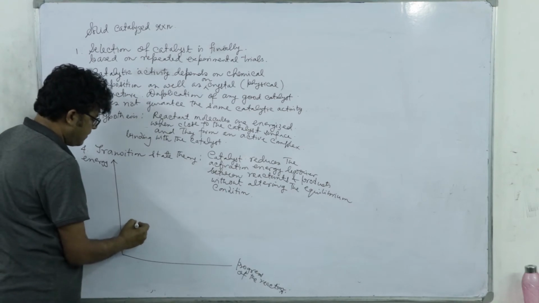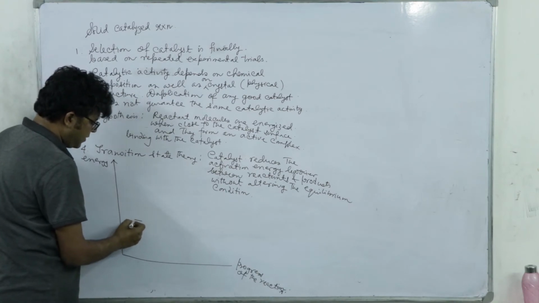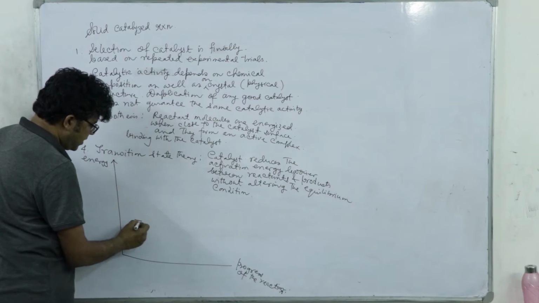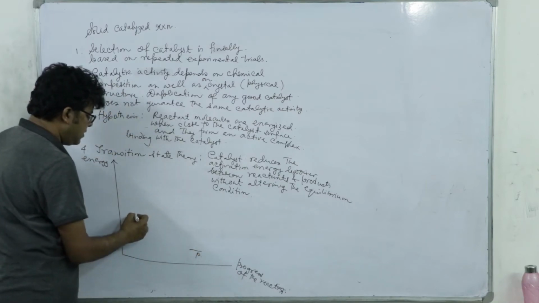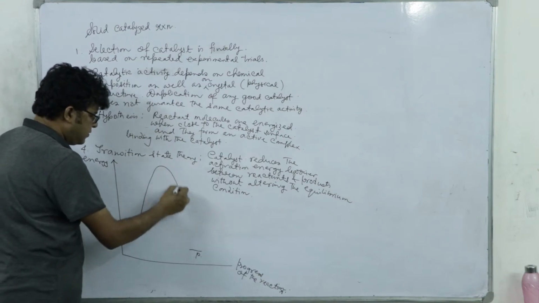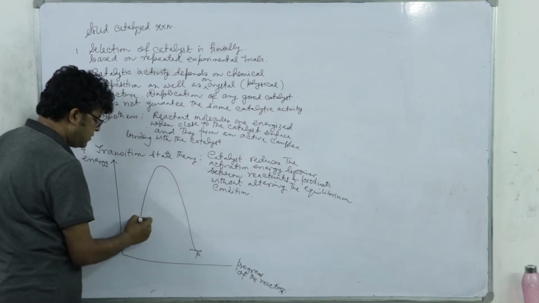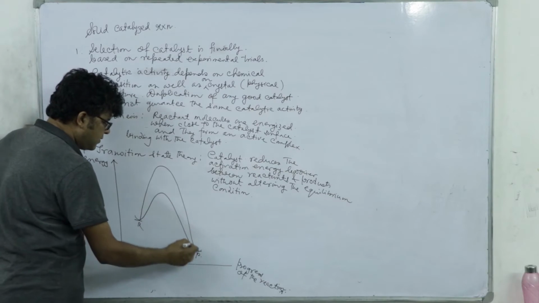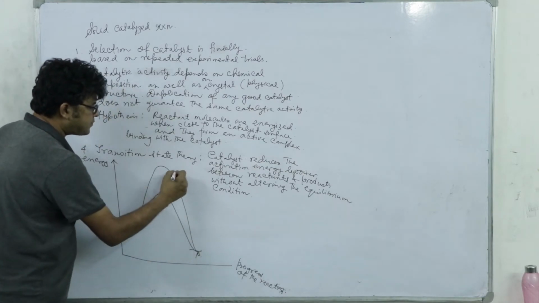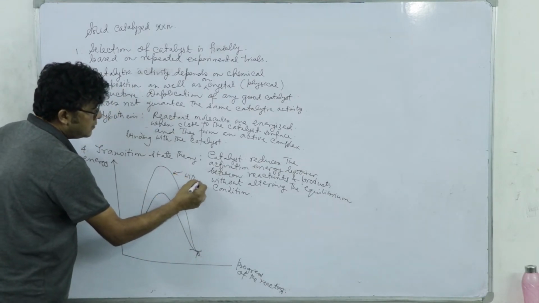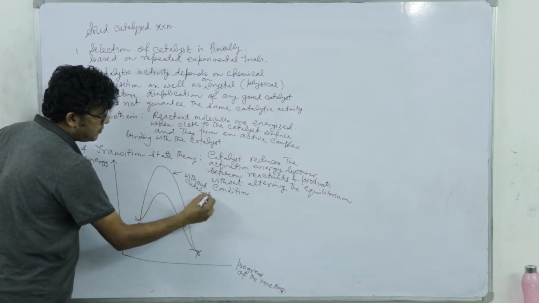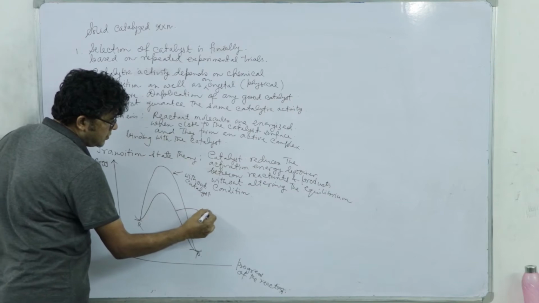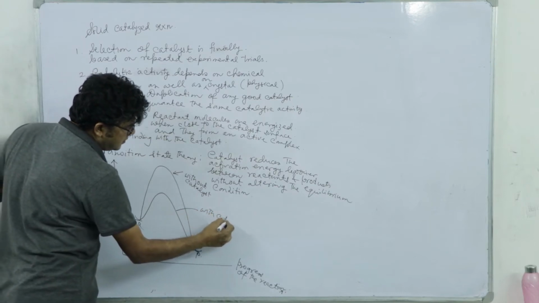This is the reactant, this is of course the product at a lower energy state, and without catalysis it is something like this, with catalysis it is something like this. So, without catalyst, and this is with catalyst.